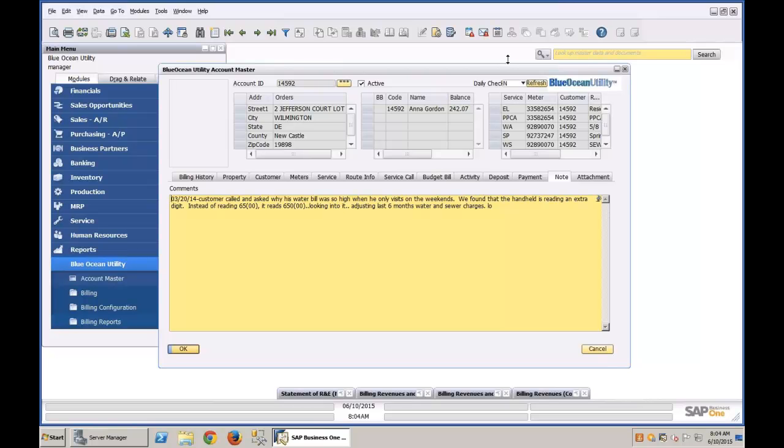This is at the level 1, level above the general ledger account. So in summary, we can see, for instance, residential sales last year, the current budget, current year, deviation from budget. That concludes the short demonstration of the BlueOcean system utility.